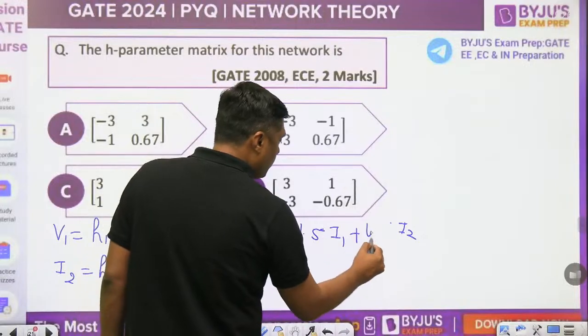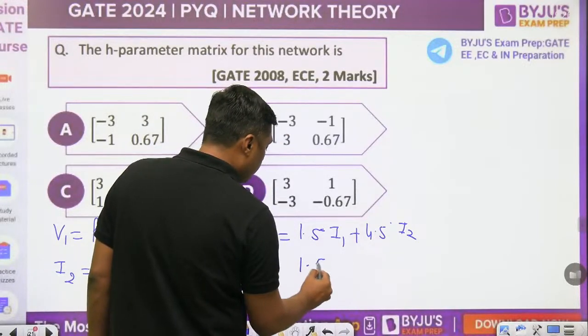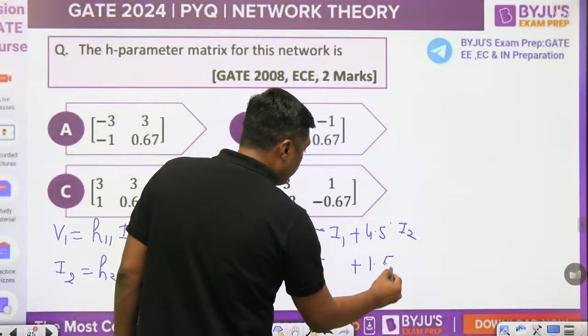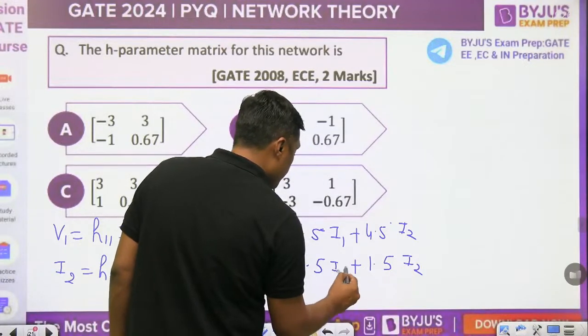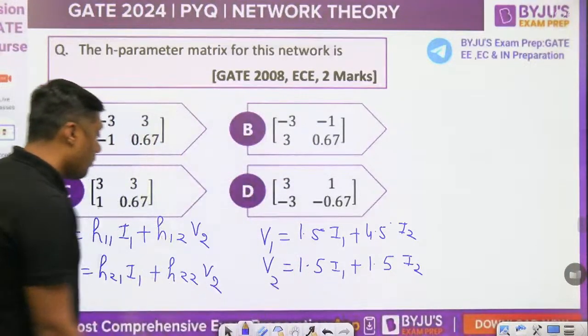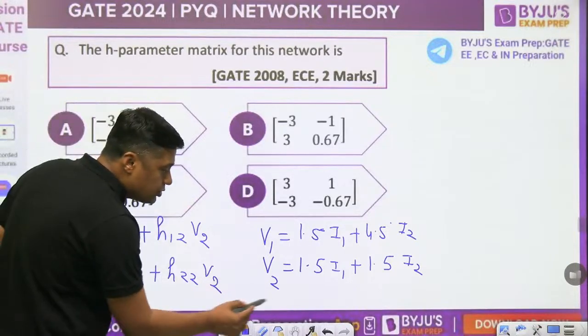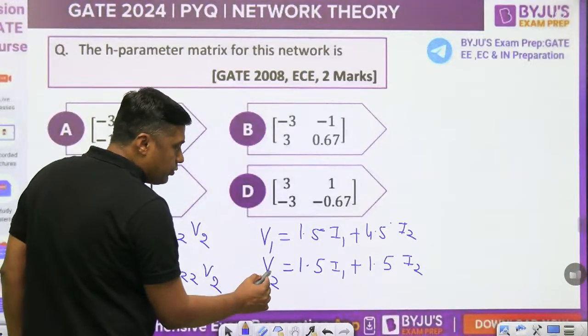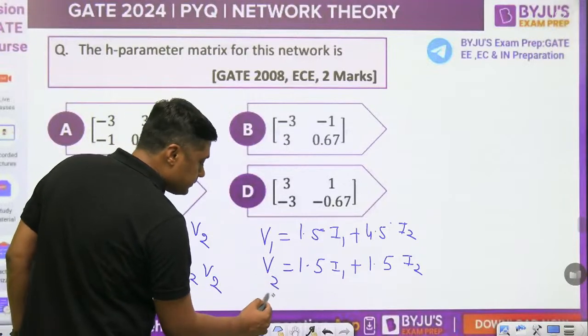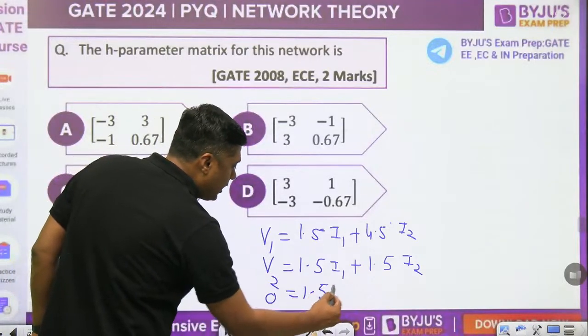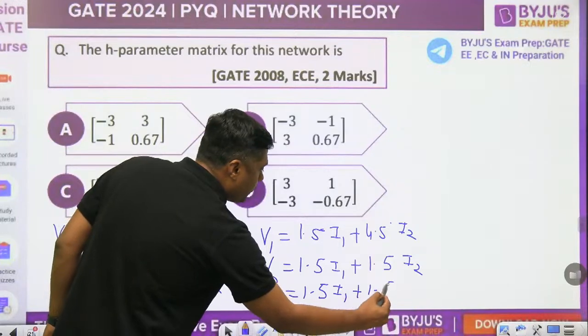Now by using this equation, what is H11? V1 by I1 with V2 equal to 0. You have to make V2 equal to 0, guys. When I make V2 equal to 0, you will get 1.5 I1 plus 1.5 I2.